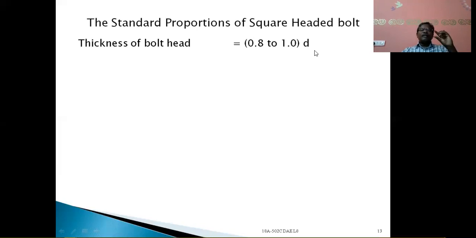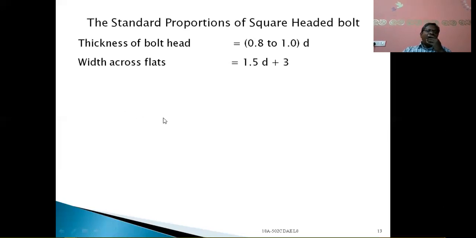The width across flats is equal to 1.5D plus 3, and the radius of the chamfer arc is R equal to 2D.